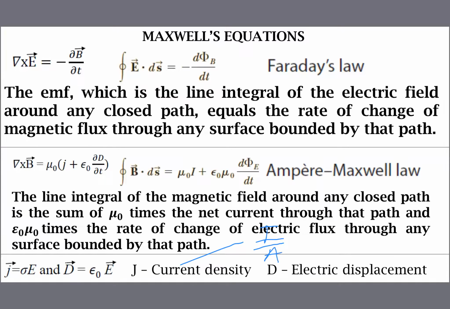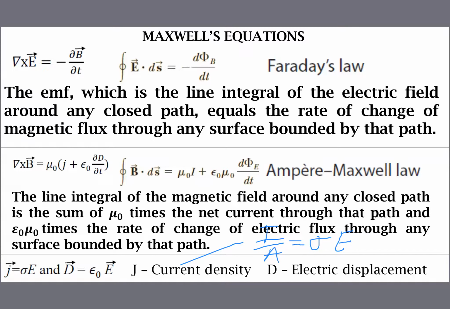That is the current flowing through a particular channel divided by the cross-sectional area of the conductor carrying the current. Sigma here is the area charge density, and E is the electric field. And D here is electric displacement, which is a product of the permittivity and the electric field vector.